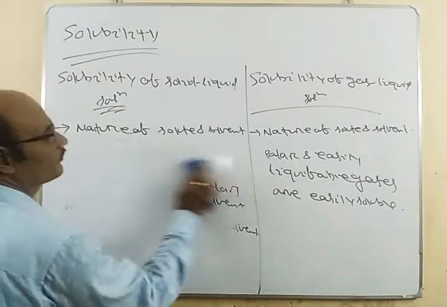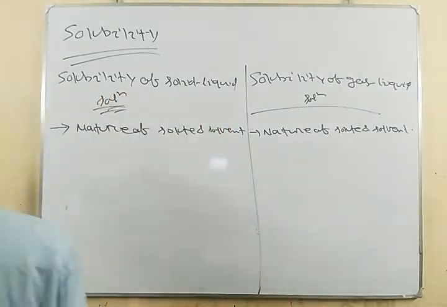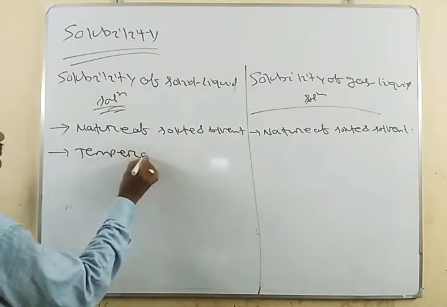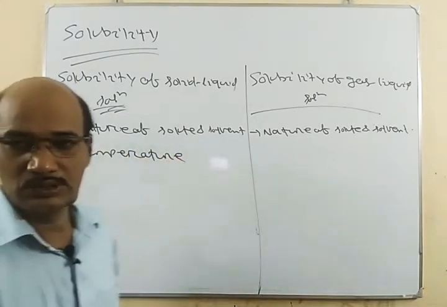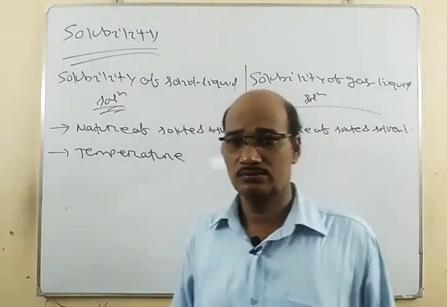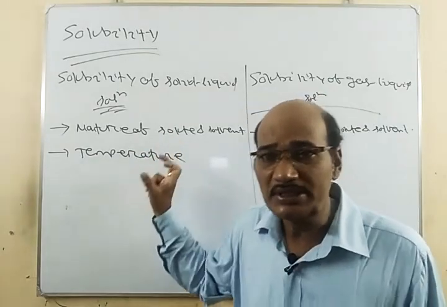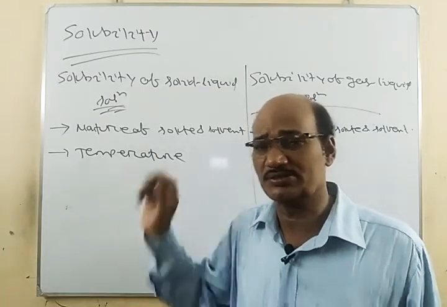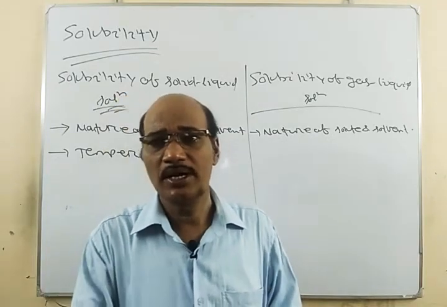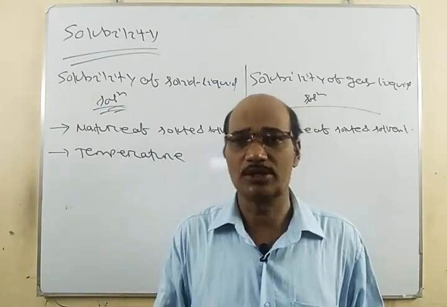Next, temperature. With increasing temperature, the solubility of a solid solute in a solvent increases. For example, suppose I have a glass of water as a solvent, and I have some sugar, one or two teaspoonfuls.